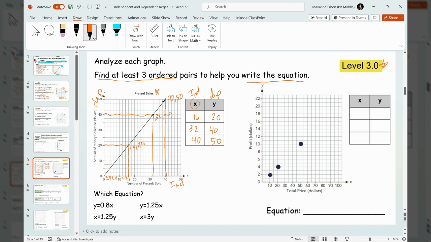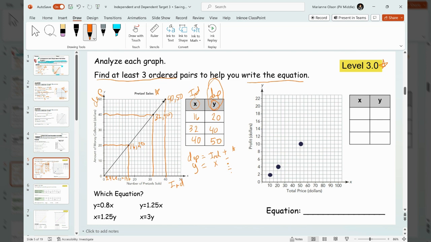Knowing what we know about dependent and independent variables and writing equations, our dependent will be on one side and our independent will be on another side with add, subtract, multiply or divide and a number. Dependent is the answer, so our variable here is y for our dependent. So I have to look for which one has y here and x on this side with a number.